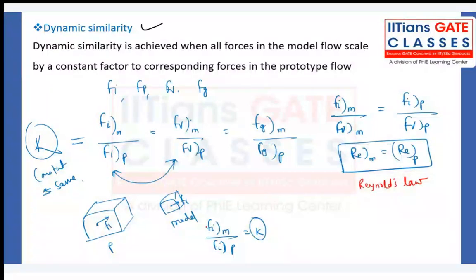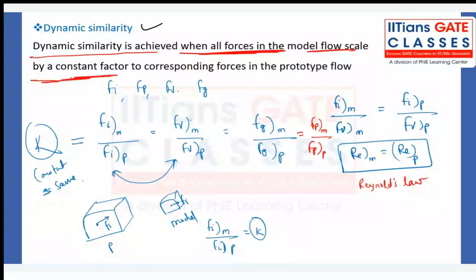Even the pressure force of the model should be equal to the pressure force of the prototype, in the same ratio. Dynamic similarity is achieved when all the forces in the model flow are scaled by a constant scale factor to the corresponding forces in the prototype flow.